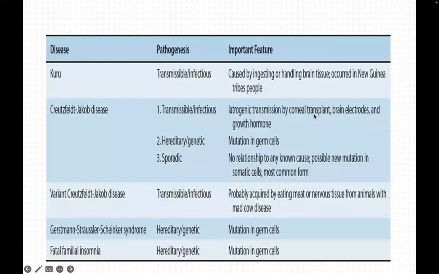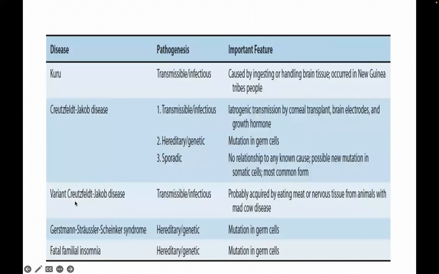If someone gets a corneal transplant from someone who was already infected by CJD, then that prion can be transmitted to them, or through brain electrodes, or through growth hormone from the pituitary gland of someone who was already infected by this particular disease. So then the hereditary form is due to mutation in the germ cells, and the sporadic form is due to point mutations in somatic cells, and this is the most common one.